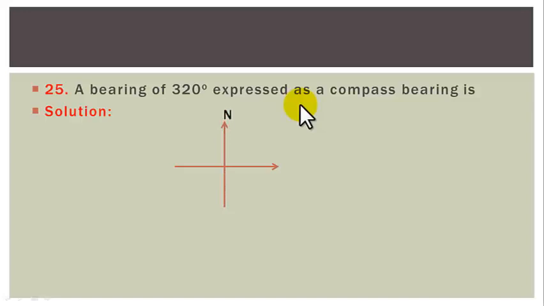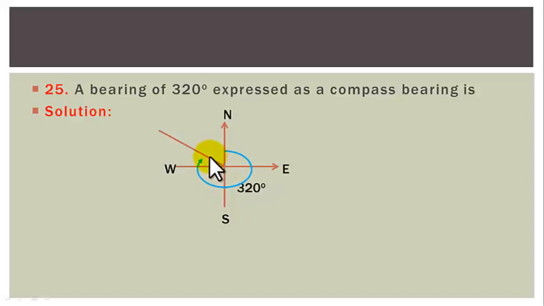This is the north and this is the south. Here is the west and this is the east. The bearing of 320 degrees is the angle measured from the vertical line in a clockwise direction. That's this angle is 320 degrees.